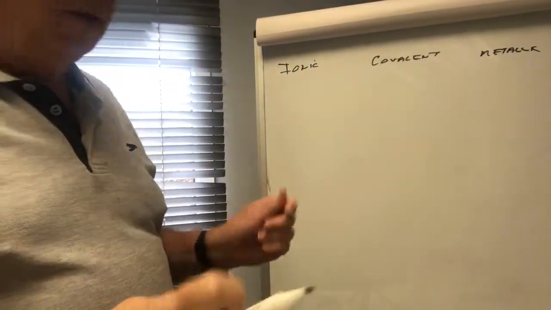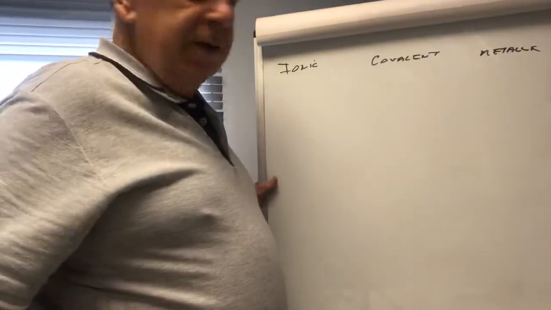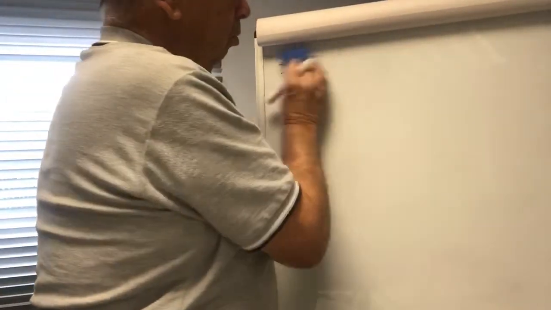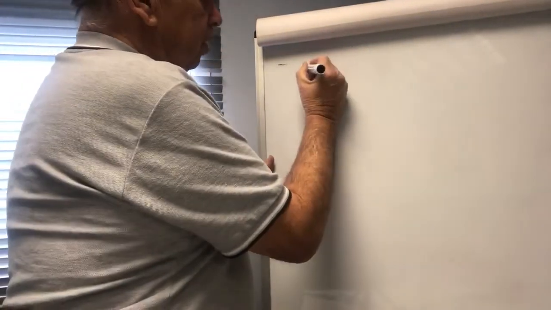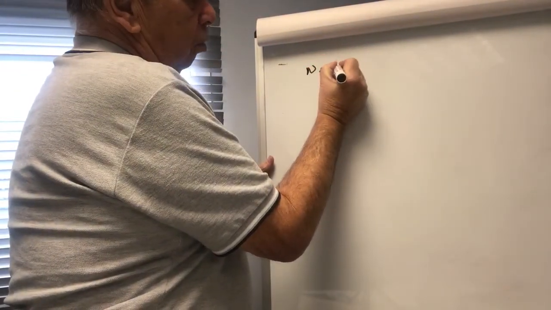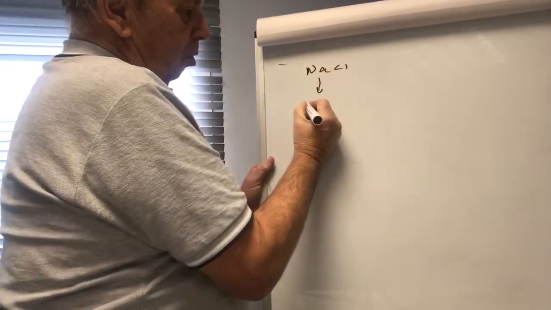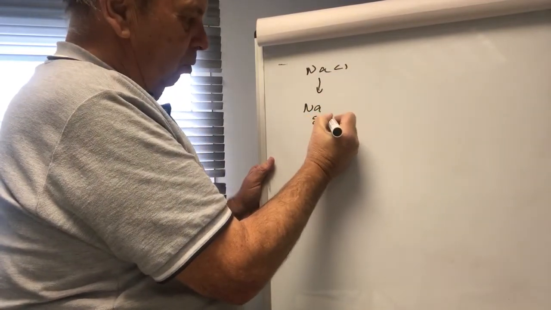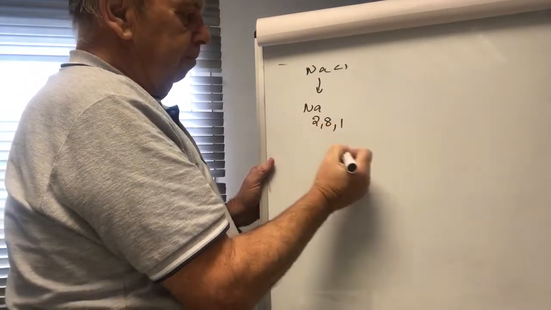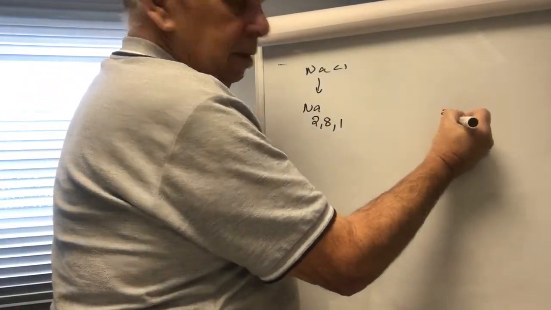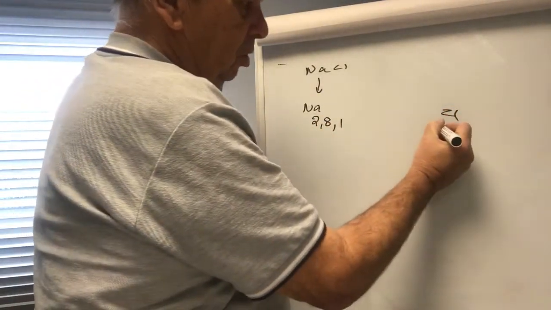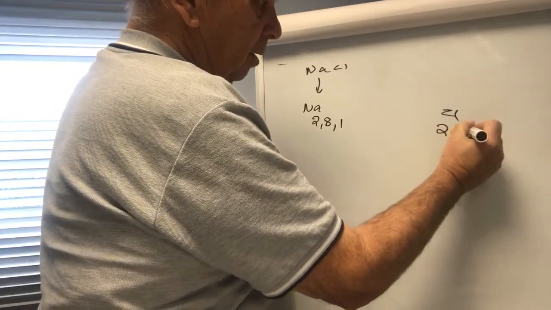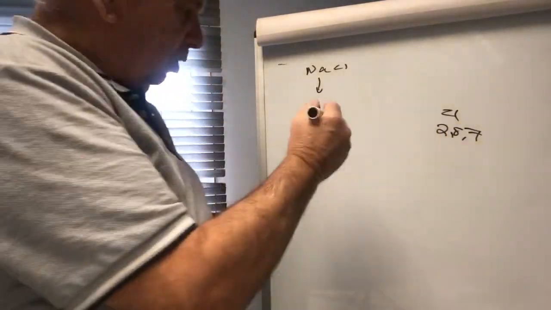Let's look at a simple example: the bonding in sodium chloride. Sodium atom has got an electronic configuration of 2,8,1. Chlorine has got an electronic configuration of 2,8,7. Let's draw them out.